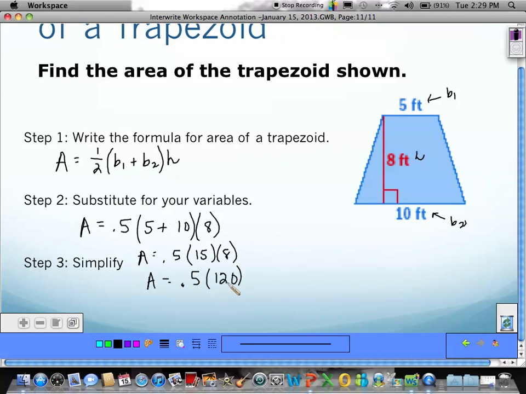And if I take half of 120, then my area is going to equal 60 feet squared. That's supposed to be a 2. Again, if you used 1/2, you're still going to end up with the same answer that I do.